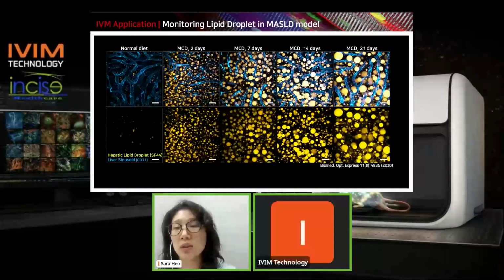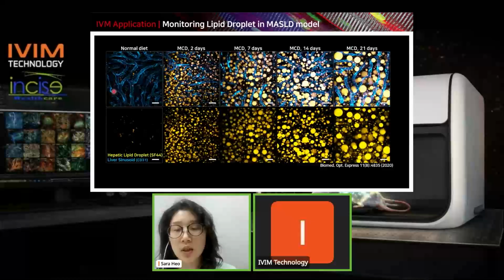The MASLD model was induced by an MCD diet, and this was monitored from day 0 on the normal diet up to day 21. You can see that the size of the lipid droplets in the liver becomes bigger as time passes and the MCD diet is given. The image on the top shows both the lipid droplet and liver sinusoid.